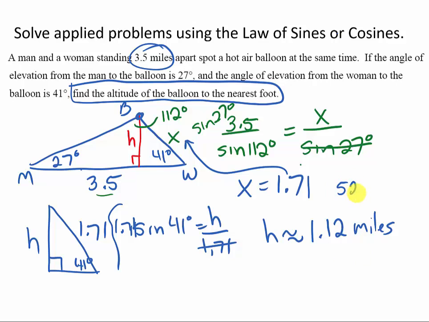And there's 5,280 feet per mile. So I need to multiply that by 5,280, and it looks like I get 5,923 to the nearest foot. So 5,923 feet for the balloon.